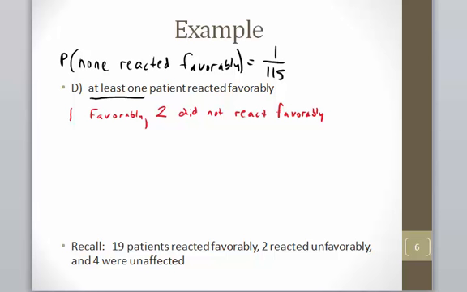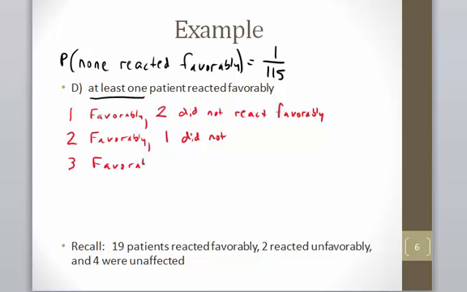Another possibility could be that 2 patients reacted favorably and 1 did not. That would still be 3 patients where at least 1 reacted favorably. And we also have the possibility that all 3 reacted favorably.